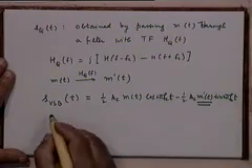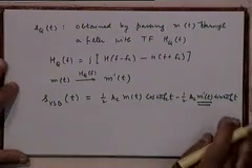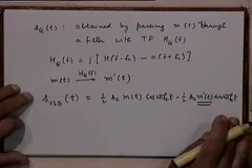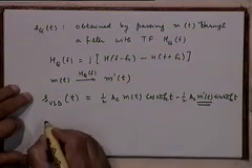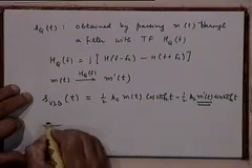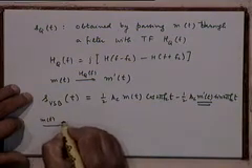Just like the phasing method for SSB, you can have a phasing method for the VSB. What will be the block diagram? You will have the message signal MT coming in.